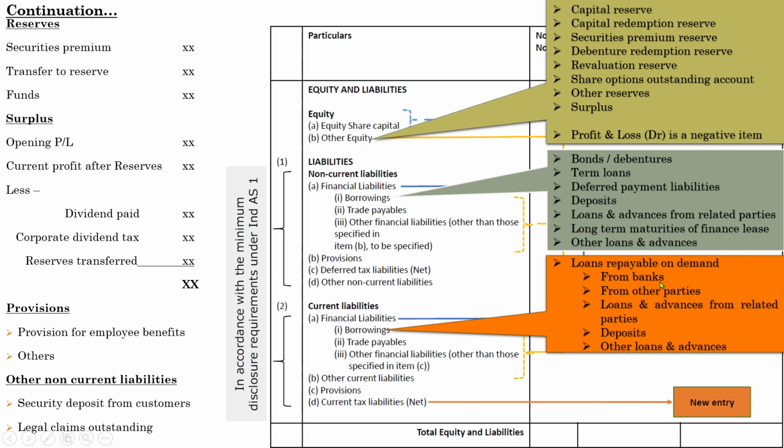Any loan obtained from banks or outside parties, loans and advances from related parties, deposits, other loans and advances. It will be mentioned in the question whether it comes under the current or non-current liability category. You can easily identify it. Anyway, show this item under the respective heads.